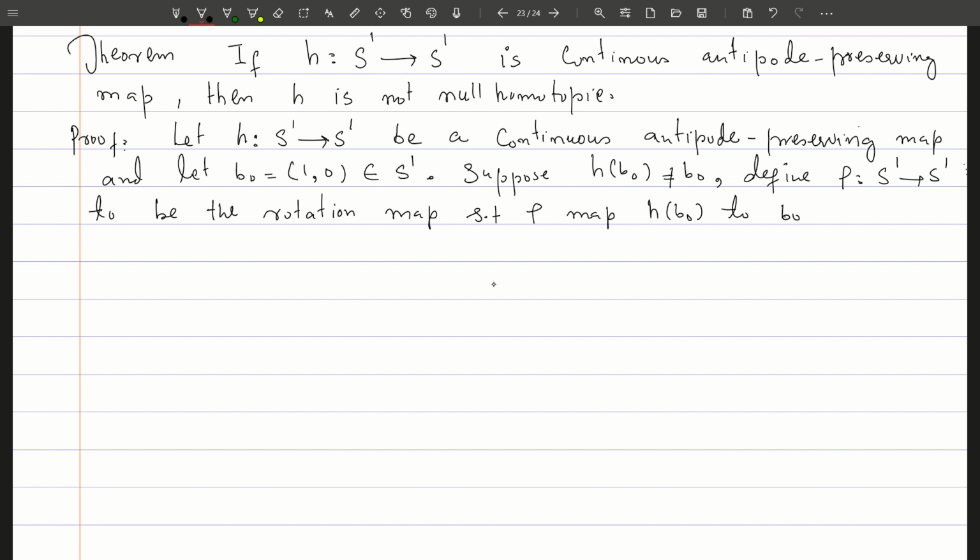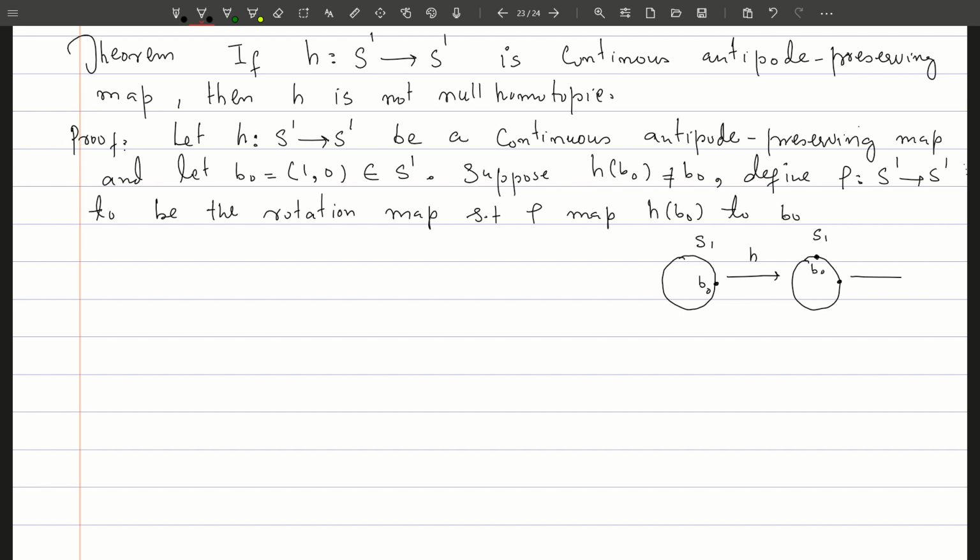So what does that mean? We have S1 here. This is a point b naught. From S1 to S1 we have the map h. Since b naught is not preserved under h, this b naught may have its image somewhere here under h.